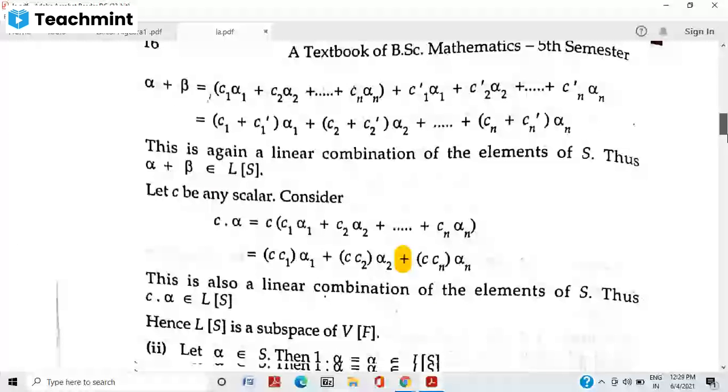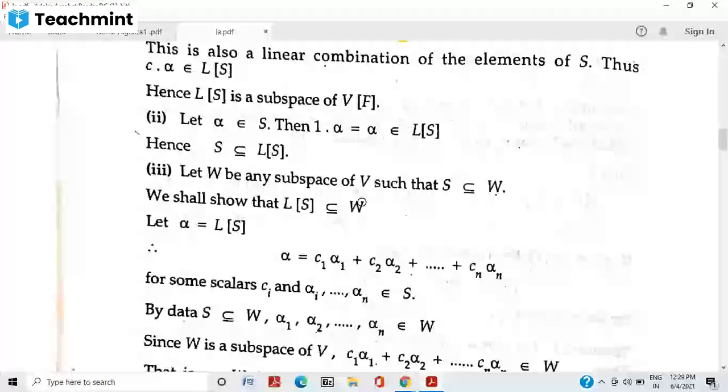It should be the smallest. Then we take another subspace W that is also containing S. But what do we have to show?